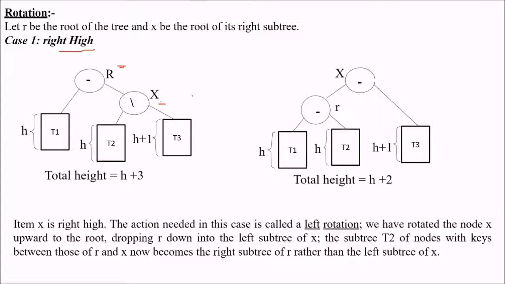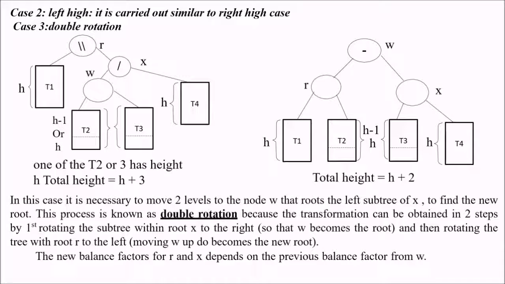We rotate the node X to the root, dropping R down into the left subtree of X. The subtree T2, with keys between those of R and X, now becomes the right subtree of R rather than the left subtree of X. If it is left high, it is carried out in a similar fashion.